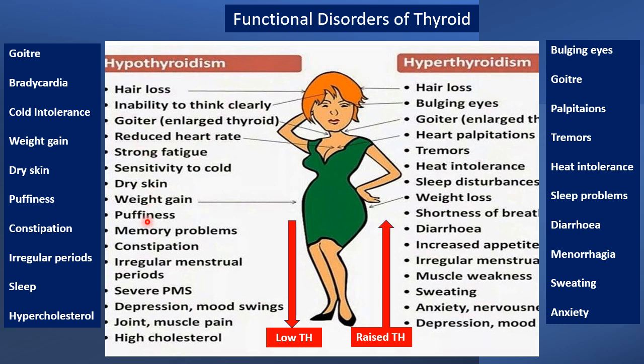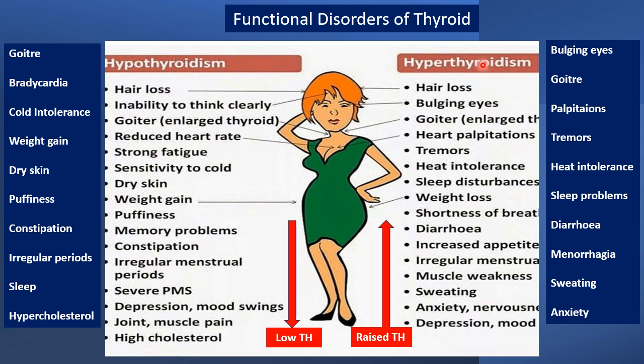Okay, here I've listed the complete list of signs and symptoms of hypo and hyperthyroidism. The 10 most common signs and symptoms of hypothyroidism are here: goiter, bradycardia, cold intolerance, weight gain, dry skin, puffiness, constipation, irregular periods, especially decreased periods, sleep, the patient likes to sleep more often, and hypercholesterolemia.